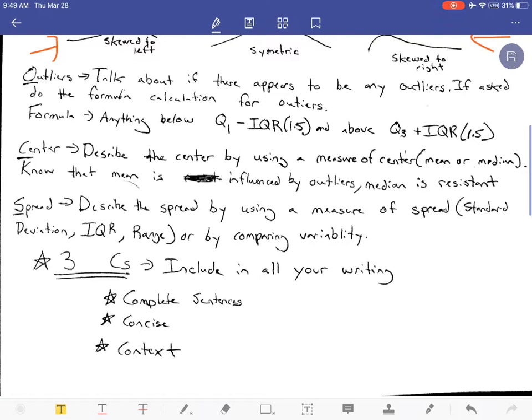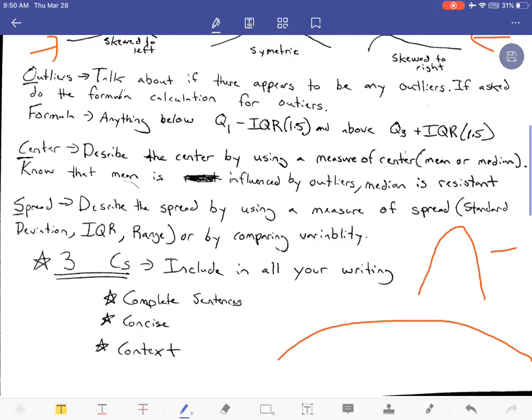So if I had, let's say, just like a dot plot, or I'll make it a curve right here. So let's say I had a curve like this, then another curve like that.